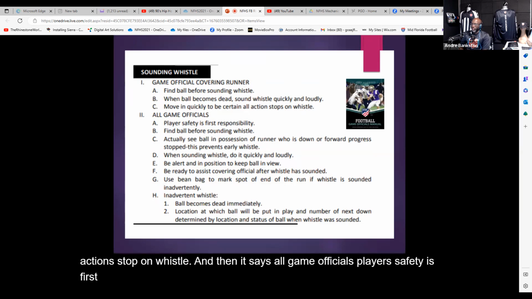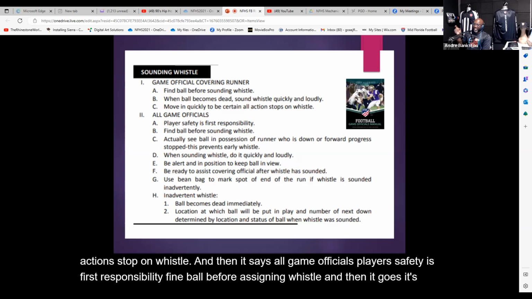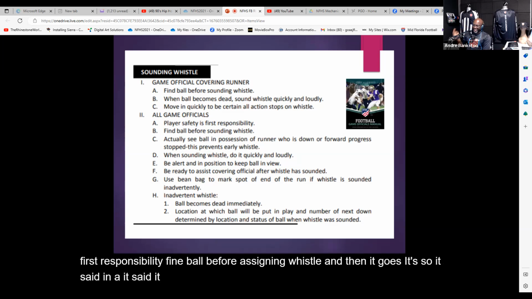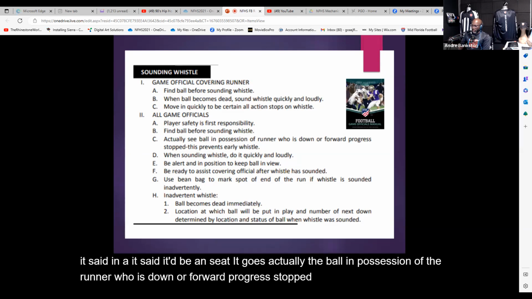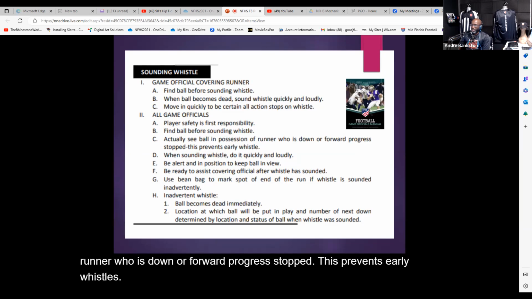Find the ball before sounding the whistle. Actually see the ball in possession of the runner who is down or for progress stop. This prevents early whistles. And when sounding the whistle, do it quickly and loudly.